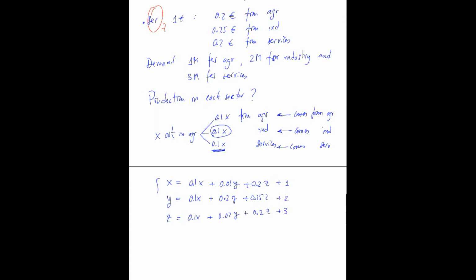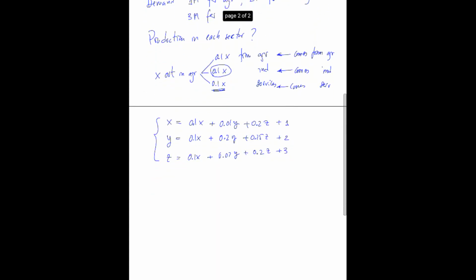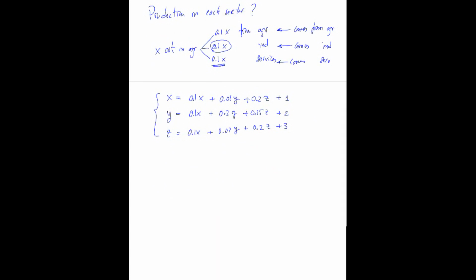And that's the system. We can solve it as I have done in class in two different ways. One is using the identity matrix, but let me do it simply, moving everything that has an unknown to the left hand side. So we have x minus 0.1x minus 0.01y minus 0.2z equals 1 million.